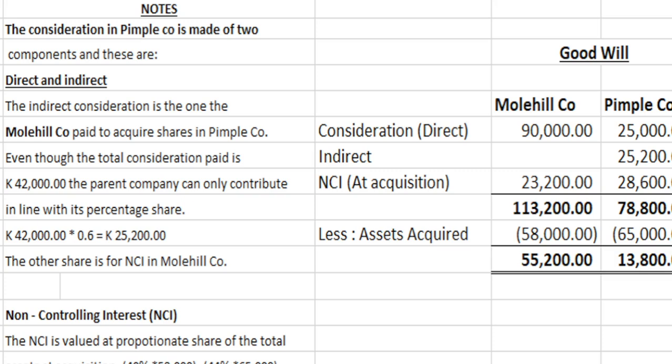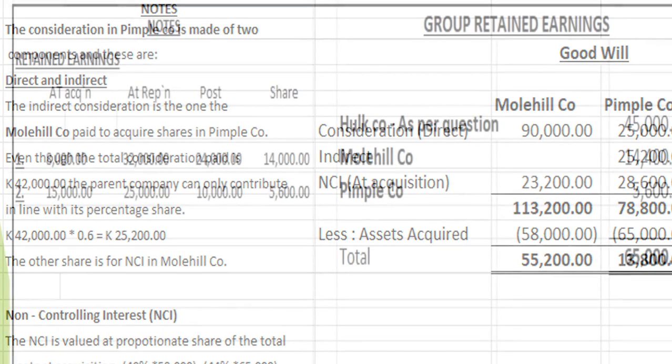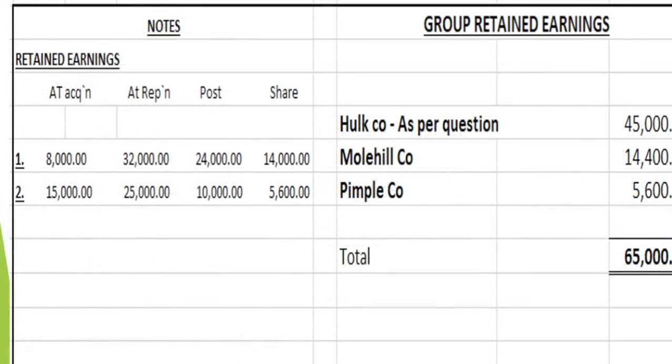Let's move on and try to calculate the group retained earnings. The group retained earnings here is not tricky because there was no PUP, which is the provision for unrealized profit. That's the only time when the group retained earnings becomes a bit trickier, when you are given the PUP, a further part in the question.